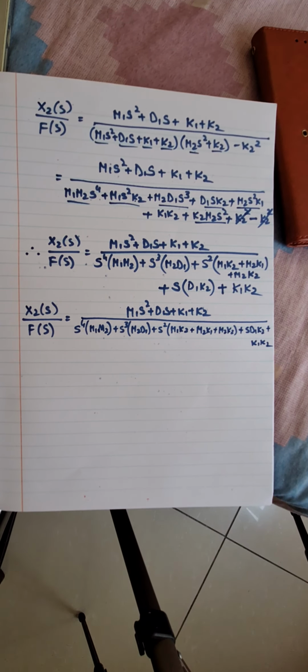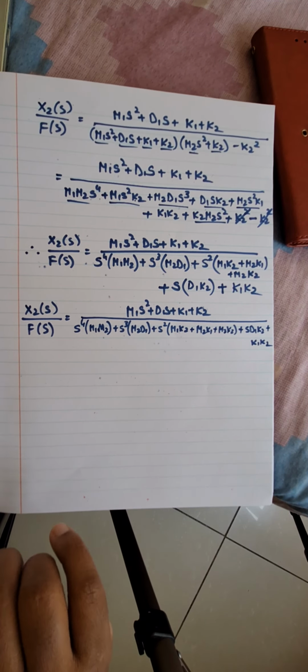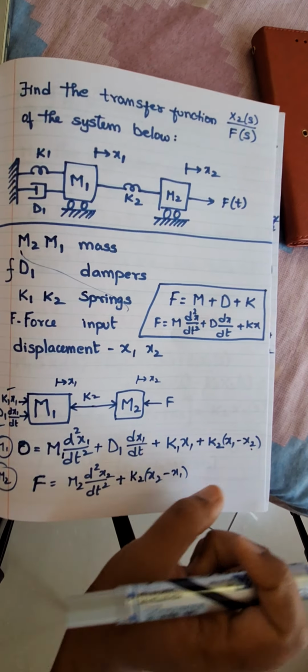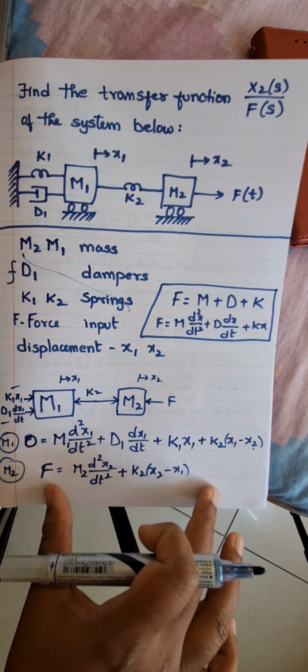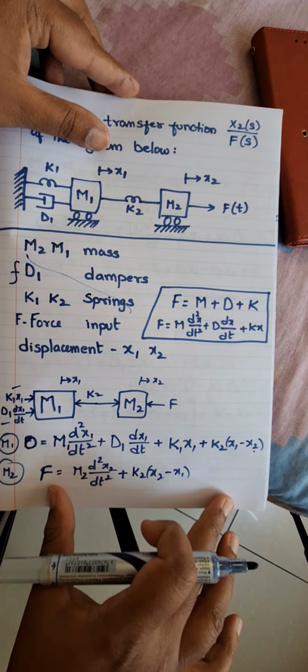This is your final answer. So this gives you 20 marks. So you are not supposed to write this in the exam. I just gave it for the explanation purpose.